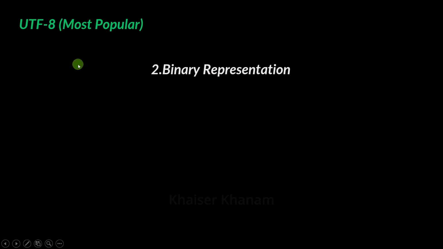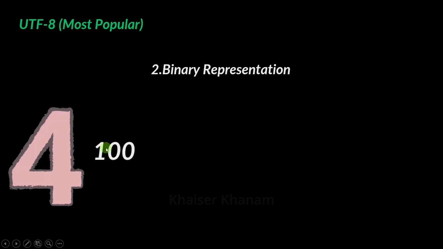Second key point, binary representation in UTF format. For 4, we have 100 as the binary representation, but using this UTF-8, what it will do is make this complete 4 as 1 byte. So here we have 3 digits.